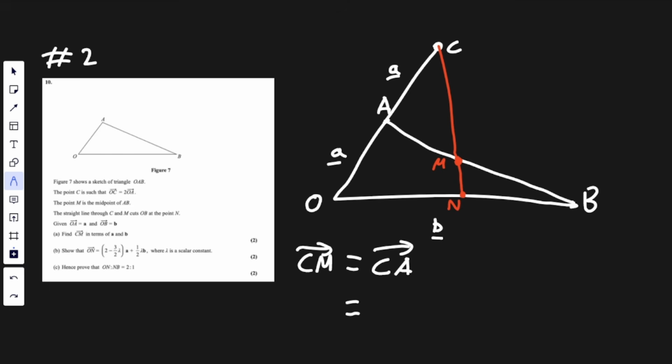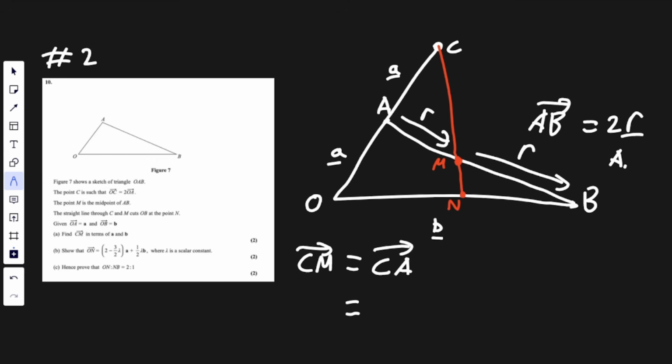But what we do know is some facts about M. M is the midpoint of AB, which means if this here is r, and this here would then also be r, so we'd have A to B equals 2r, and A to M is equal to r. So in other words, if we can find A to B, we can find A to M. Now A to B, we can go round like this.